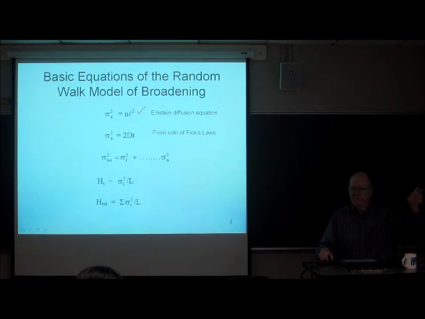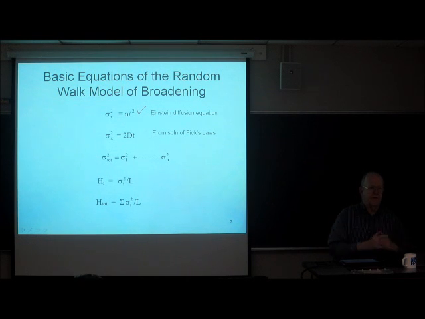So if you can estimate n by some concepts and L by some concepts, you put them together and you get sigma. You get the variance. It's one way to do the problem.